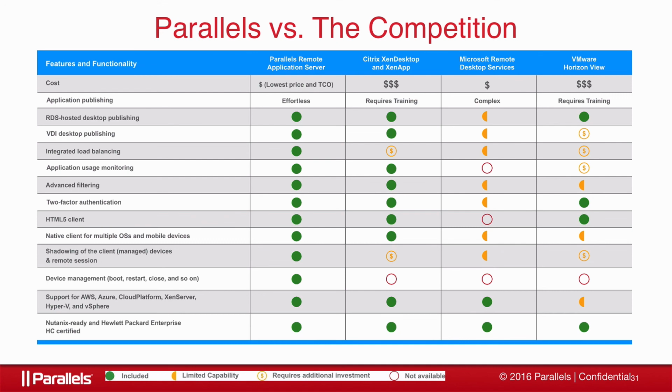Or if you are using Remote Desktop Services, there are a lot of limited features there. And with an add-on to your cost, of course, you can add many more features which Microsoft cannot offer today or offers only in a limited way.